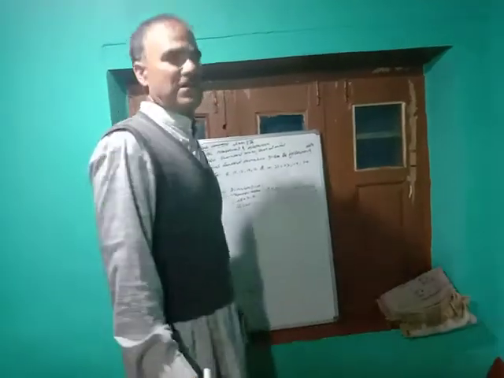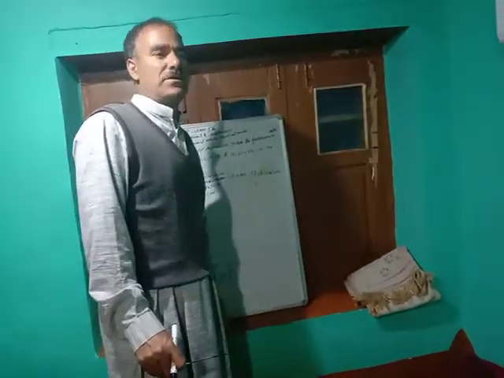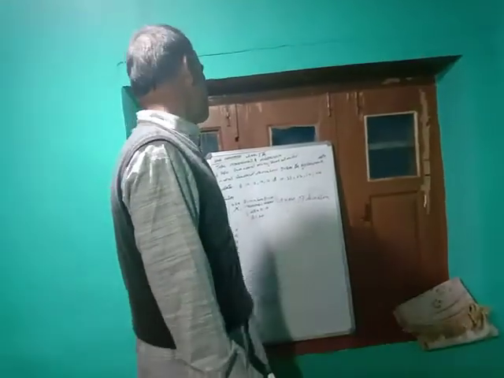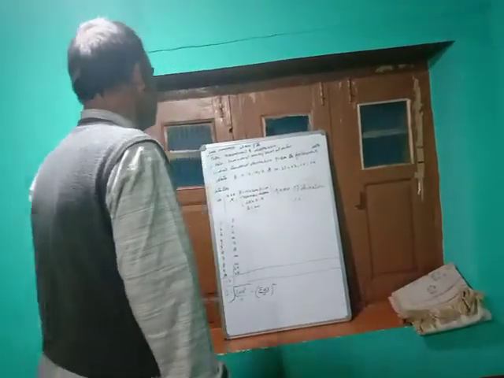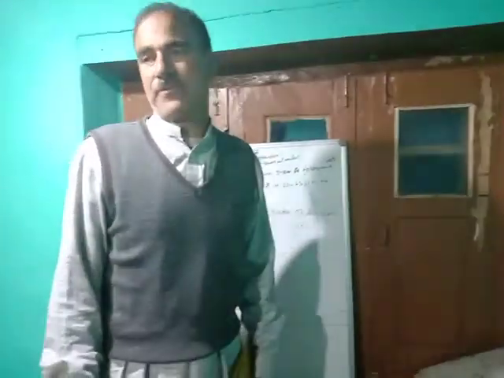Today is economics for 11th. Our topic, which is the same as the last 5 or 6 days, is measurement of dispersion, and the subtopic is individual series, shortcut method.